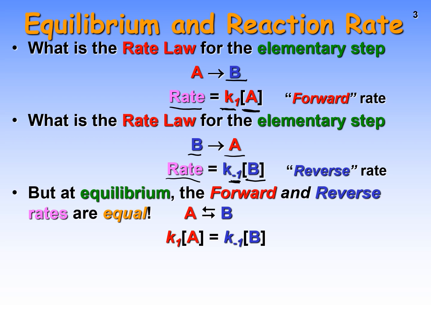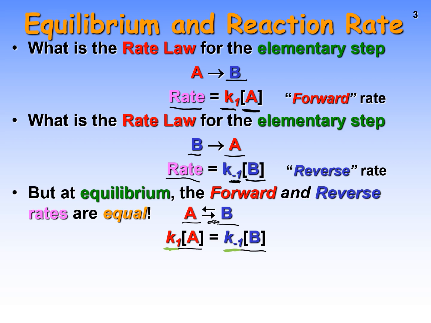So for an equilibrium where A goes to B and vice versa, back and forth, the rate law for the forward rate is equal to the rate law for the reverse rate. Now, often we rearrange this in order to get all the constants on one side and all the concentrations on the other. Here we have a constant, this k value, and this k value here is a constant.